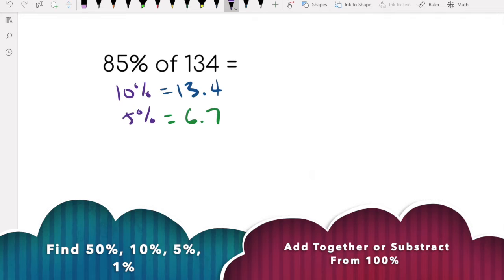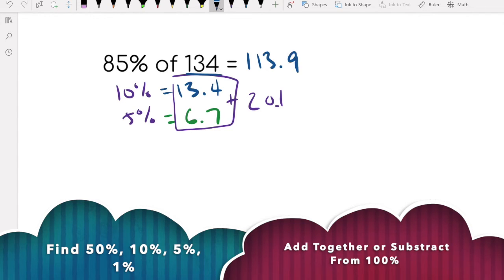And then we're going to add these two together. When you add them, again, ignore the decimal. This right here becomes 1, and this is 0. So 20.1 is what we're subtracting from 134. And you do 134 minus 20, which is 114, and then you minus that 0.1, so it's 113.9.